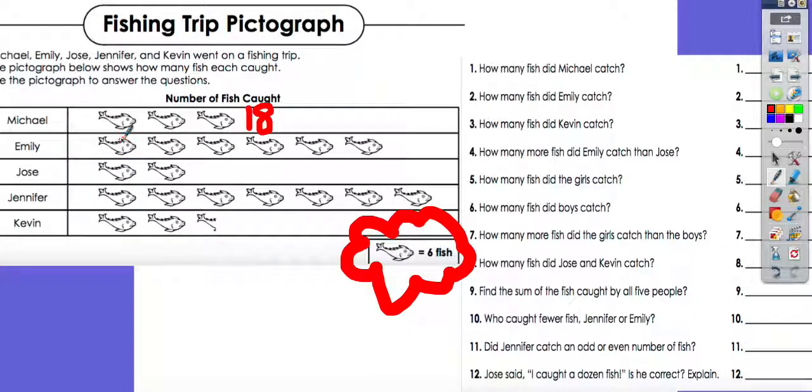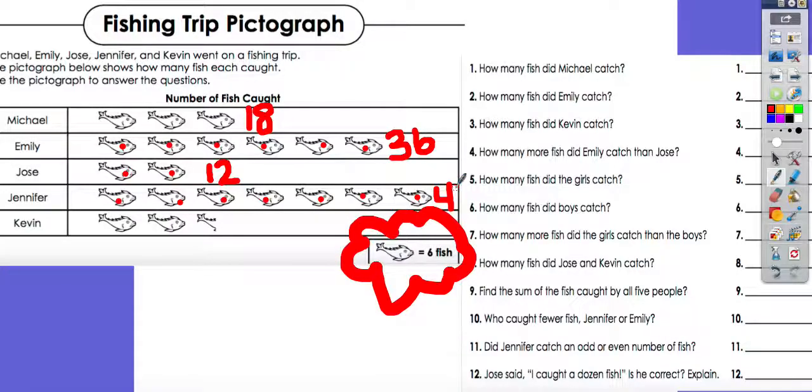Let's do this one. 6, 12, 18, 24, 30, 36. Emily caught 36 fish. Jose caught 6, 12. Jose caught 12 fish.